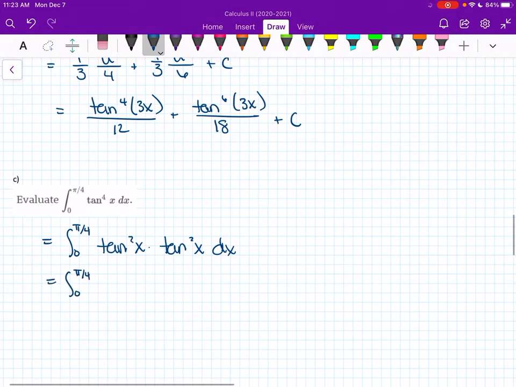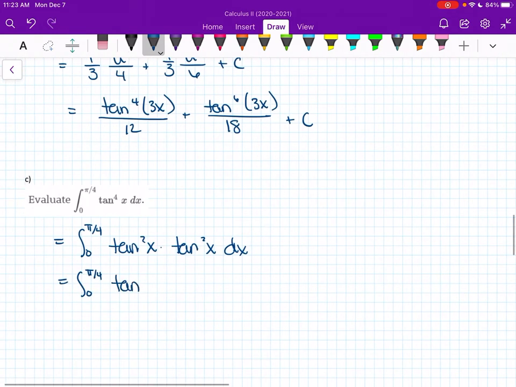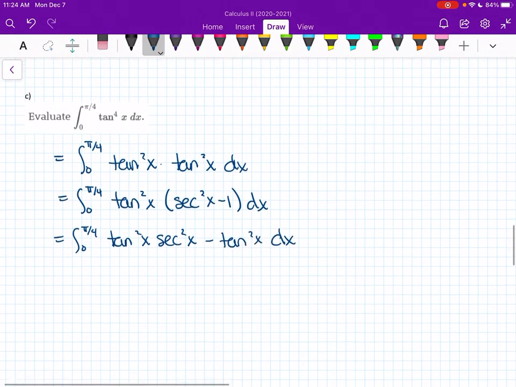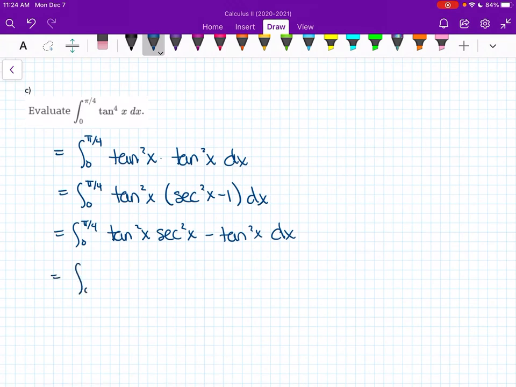So 0 to π/4, tan²x, and then I have (sec²x − 1). Then I'm going to distribute. So tan²x sec²x − tan²x dx. And then I can separate that into two separate integrals.